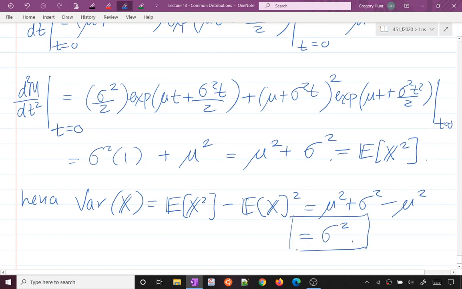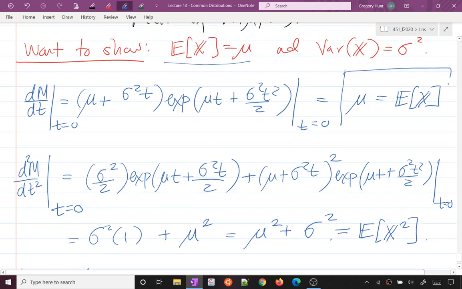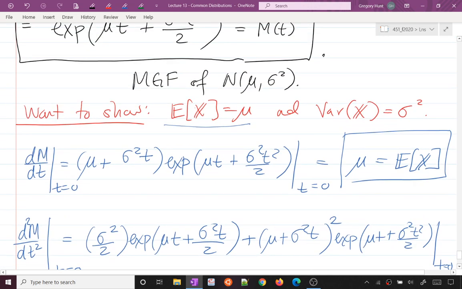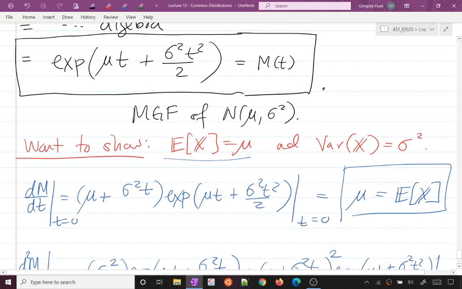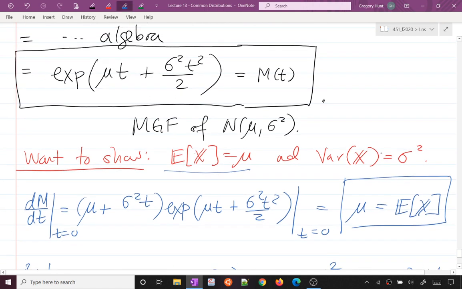So my variance is indeed sigma squared. And my mean is indeed mu. So that's really nice. That shows in a really elegant way what these MGFs can do for us.